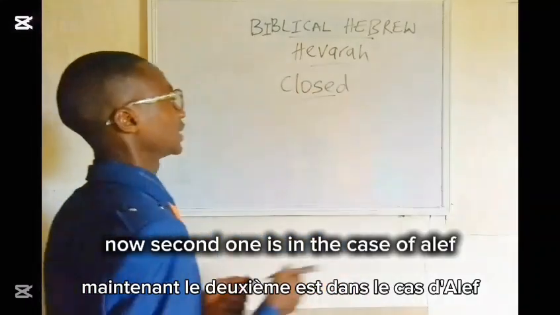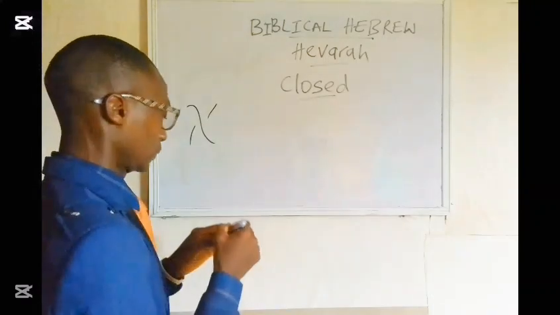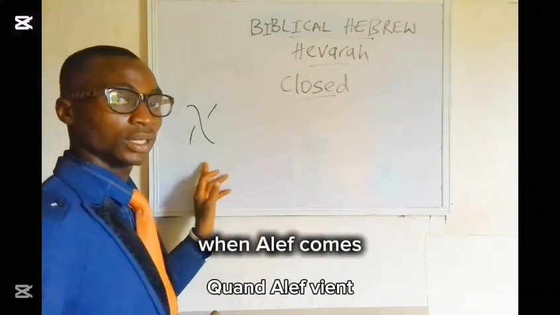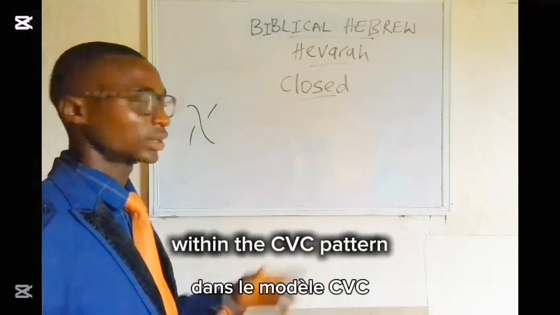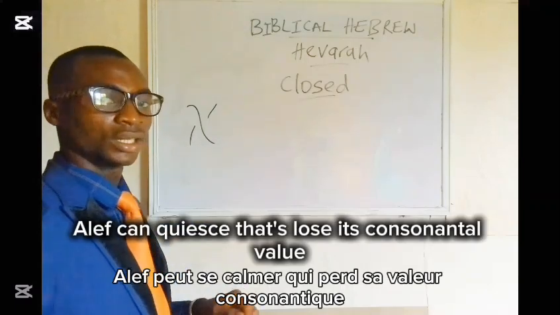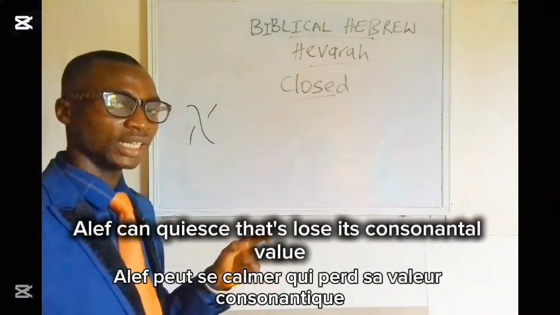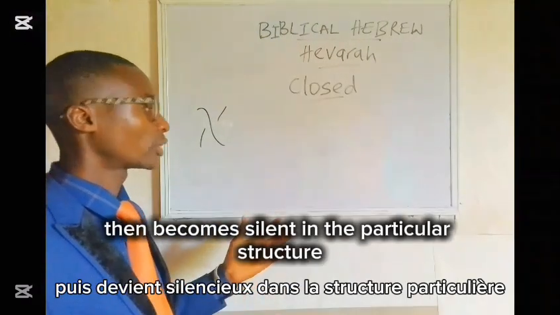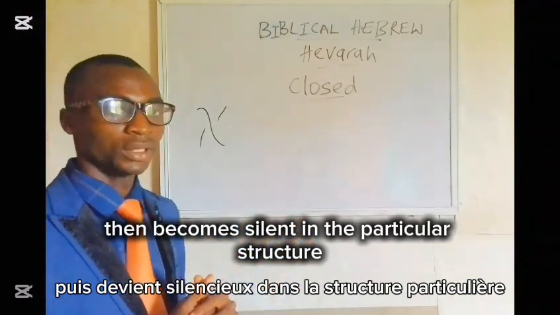Now, the second one is in the case of Aleph. When Aleph comes within the CVC pattern, Aleph can quiesce, in other words, lose its consonantal value and become silent in the particular structure.